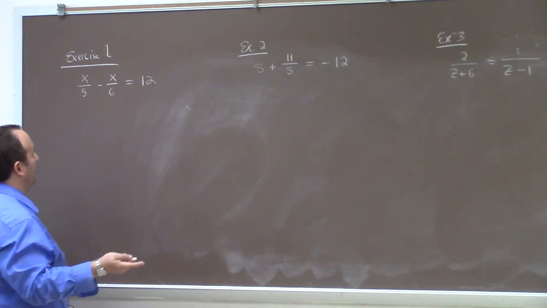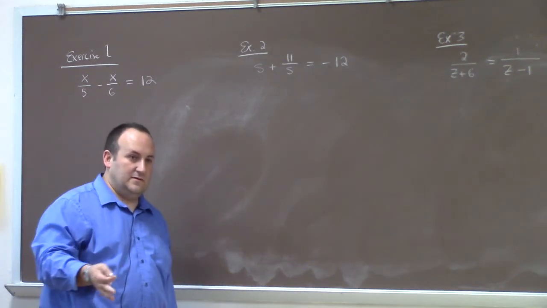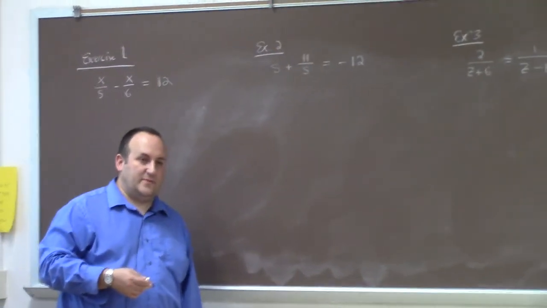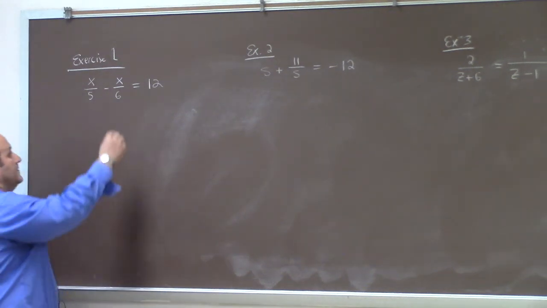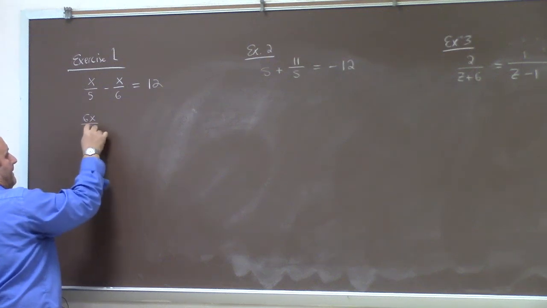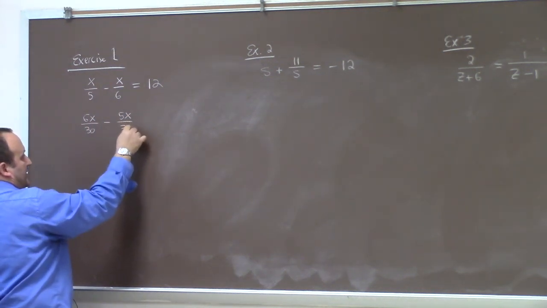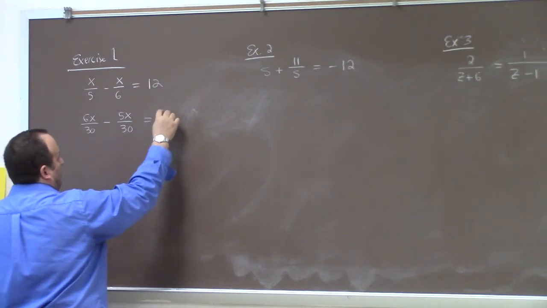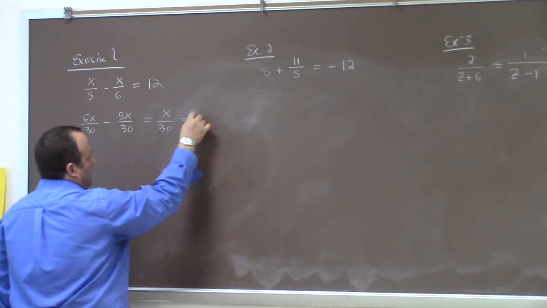See, there are 2 different ways we could go here. The one way would be to just multiply the equation by 30. The other way would be to find a common denominator. They're very closely related. I'll make a common denominator. So the first becomes 6x over 30, right? And then minus 5x over 30. Now we've got a common denominator. So that's x over 30 equals 12.